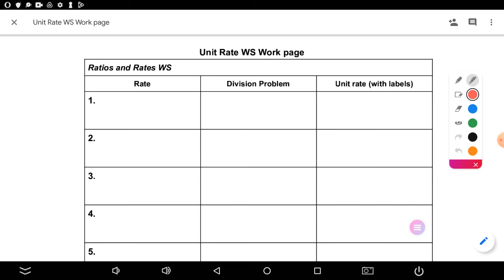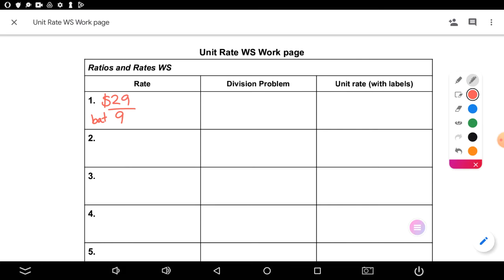Okay, 9 to 29 is almost. I need labels, and think about if money's involved, where do we want money? At the top. So we want $29 on top, over 9, what's? Batteries. So I'm going to put just bat out here to the side so I have labels. That's my rate, $29 for 9 batteries.